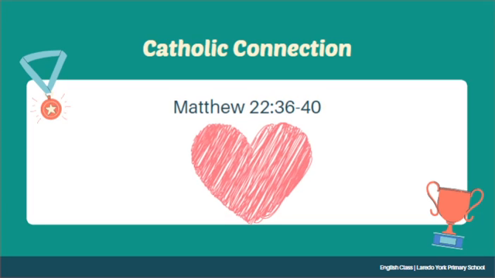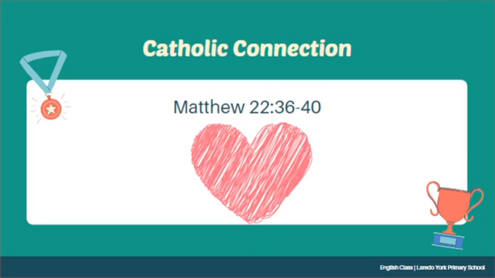Now, to tie this lesson into a Catholic connection, I was thinking of Matthew 22:36 through 40, where Jesus gives us the greatest commandment, which is to love God above all else and to love your neighbor as yourself.